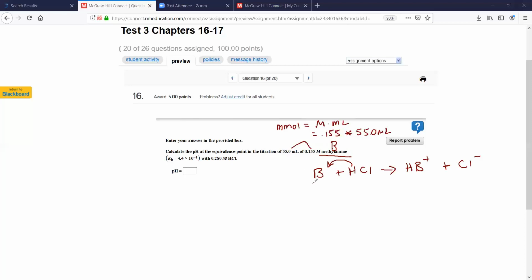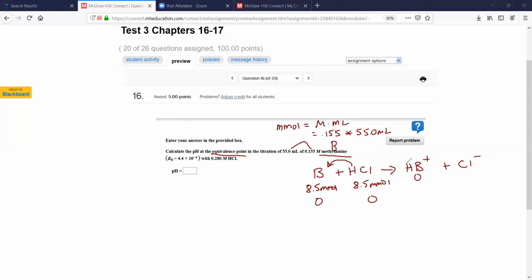So I know that I'm starting with 8.5 millimoles of the base. If I am at the equivalence point, how many millimoles must I have of HCl? The same amount. So that must also be 8.5 millimoles, which means both of these go down to 0.